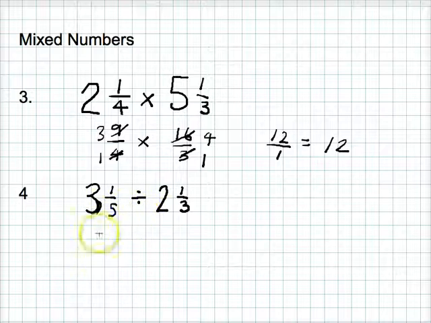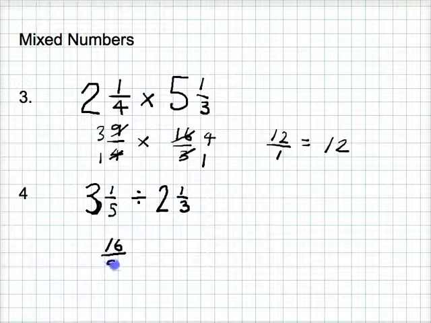The last one, the division. Same thing, turn the mixed number into an improper fraction. 3 5s are 15 plus the 1 is 16, and write it over 5. Divided by 2 3s are 6 plus the 1 is 7 over 3.